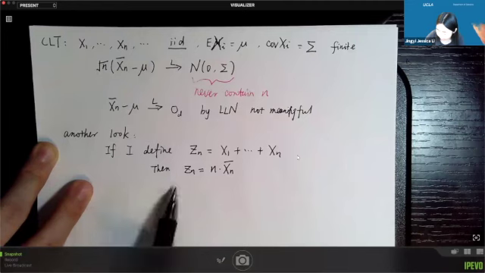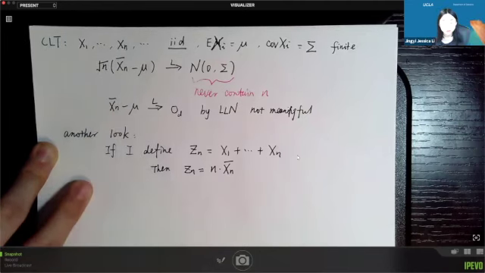If I write the left-hand side in terms of Zn, what would I get?